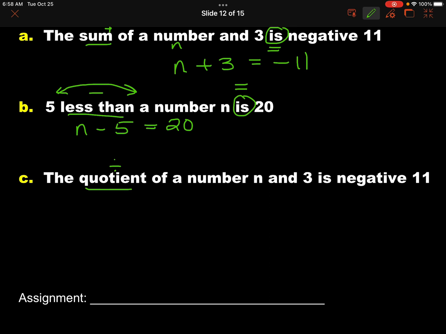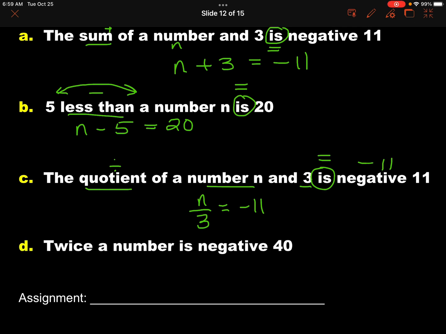Order matters with division, so n and 3 is equal to negative 11. In this case, quotient, we're going to write it as a fraction: n over 3 is equal to negative 11. And the final one, twice a number is negative 40. Once again, is means equal, so twice a number is 2 times a number. So this would really be 2n is equal to negative 40.